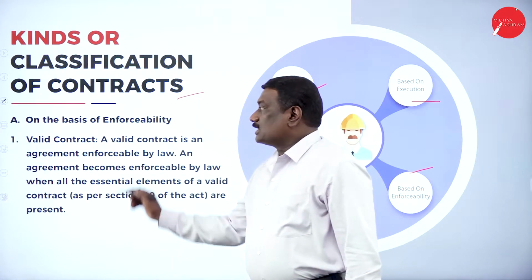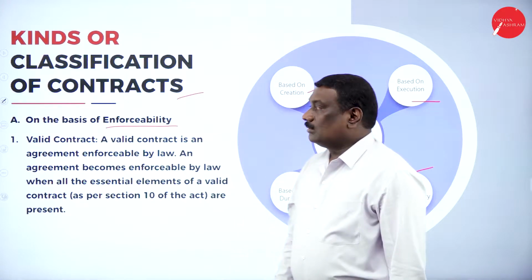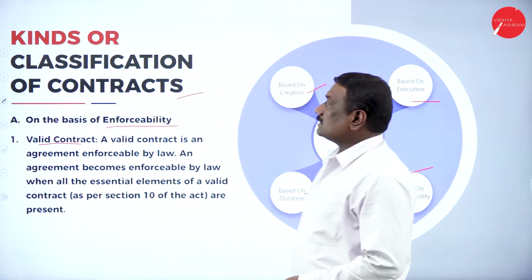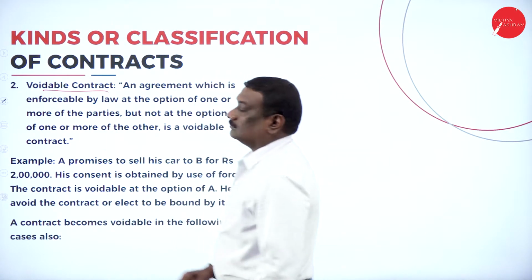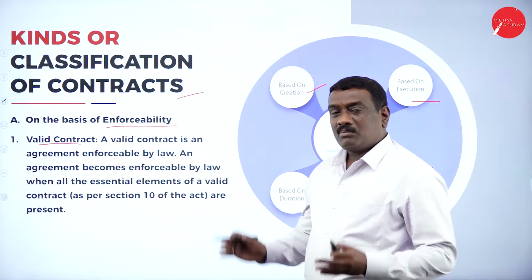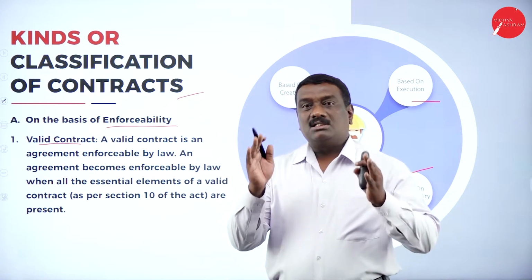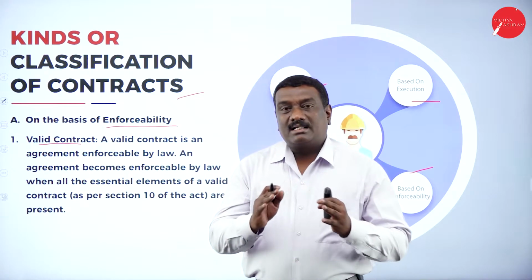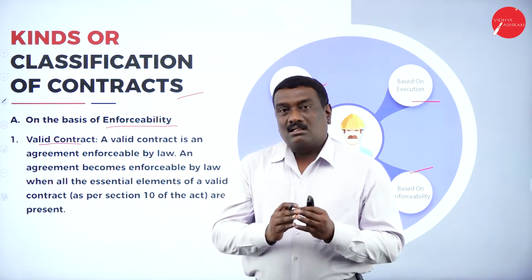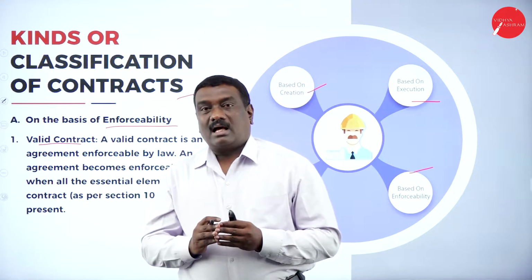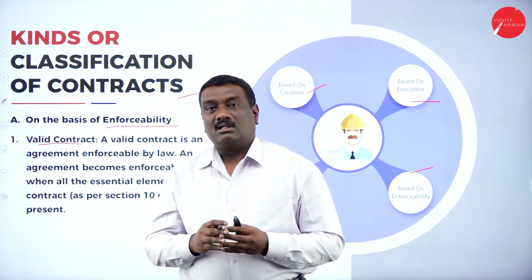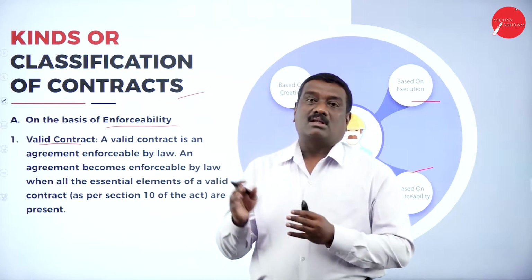First, if we take the basis of enforceability, we have 2 types of contracts. One is the valid contract and the second one is the voidable contract. Now let us understand what is a valid contract. When both parties enter into an agreement, they accept what is offered and what is accepted, and it is bound by law, enforceable by law, and that becomes a contract.